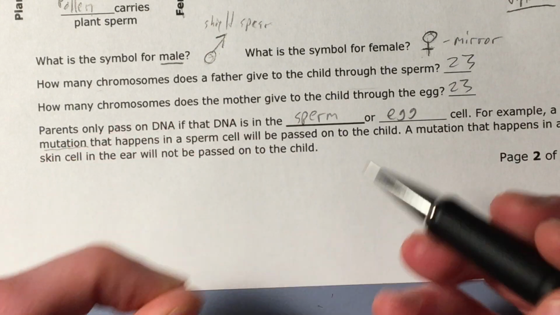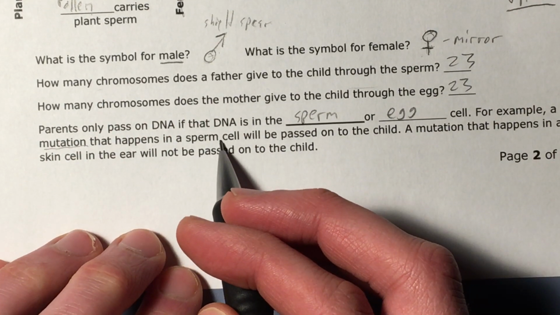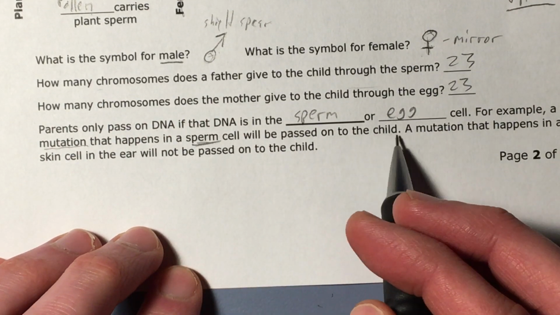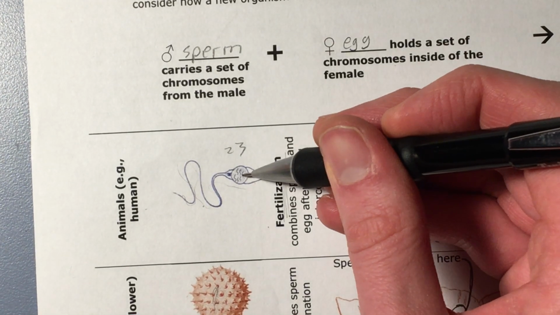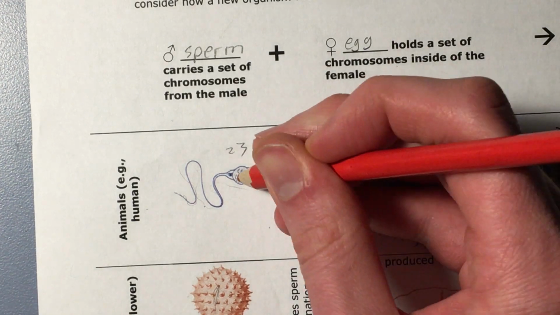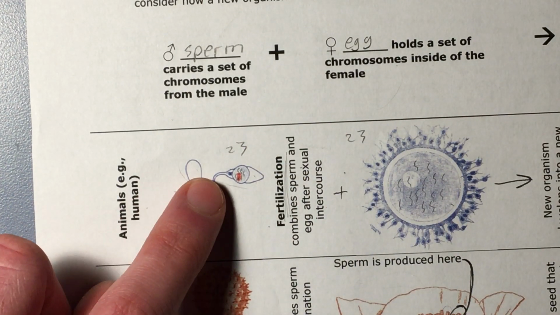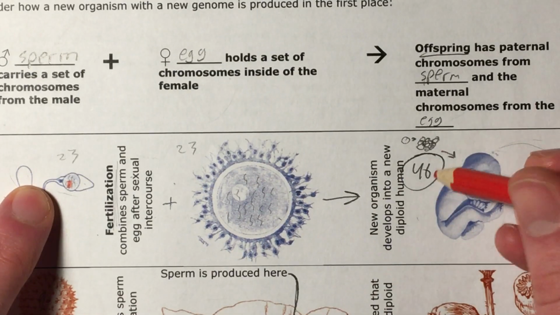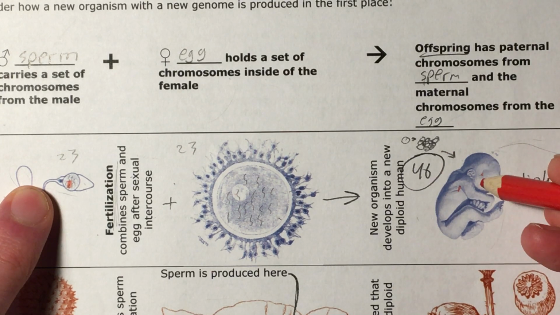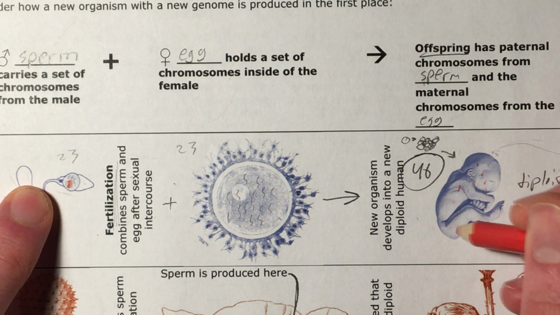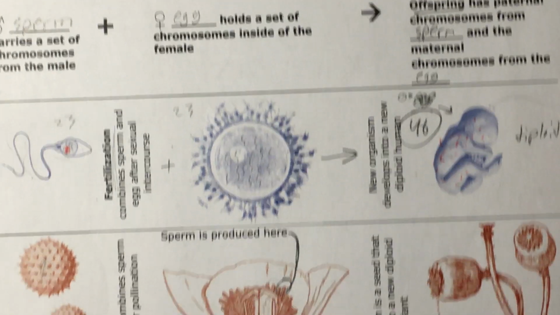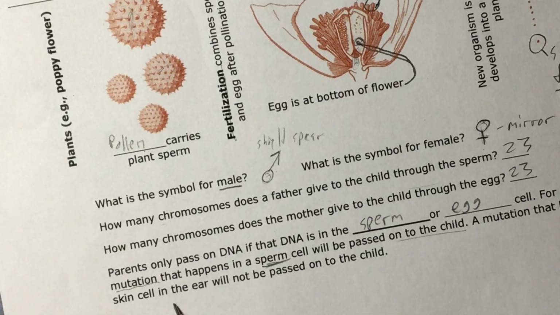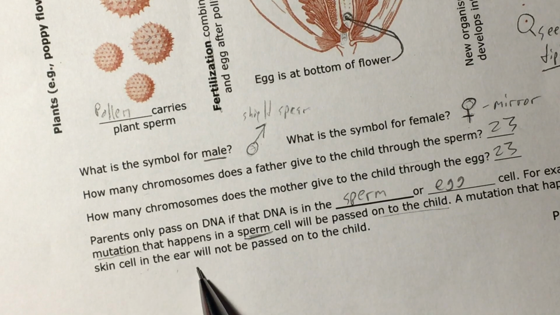If an error happens inside of the DNA inside of a sperm cell, it's going to be passed on to the child. So let's say there's a little error inside of the sperm cell. That's going to be passed on, and each of the cells inside of that human are going to have that error, okay? Now, if a mutation happens in a skin cell in the ear, it's not going to be passed on to the child.